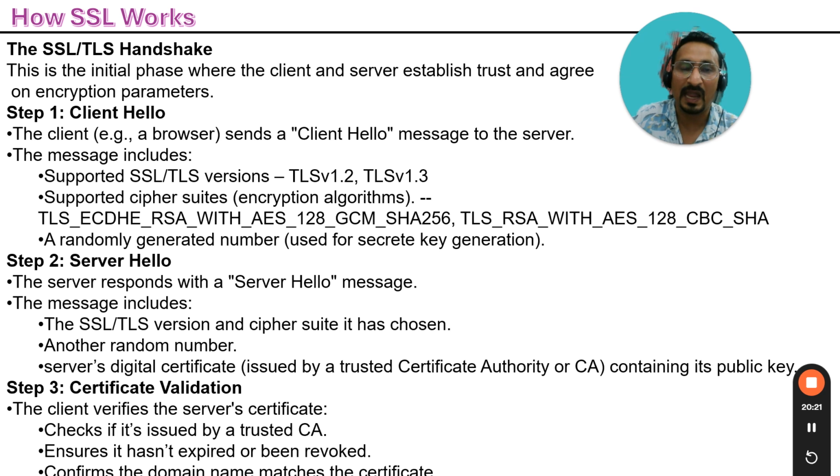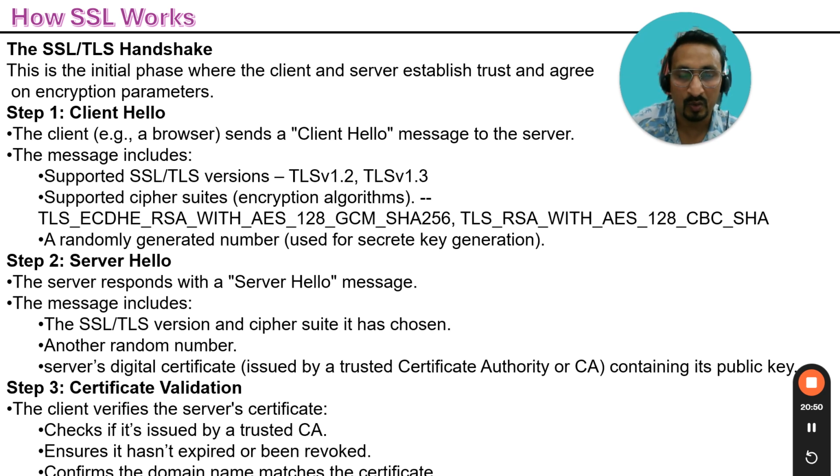So basically, when the client tries to initiate communication with the server, it gives three pieces of information to the server: what TLS versions it supports, what cipher suites it supports, and third, a random number which is used for secret key generation.